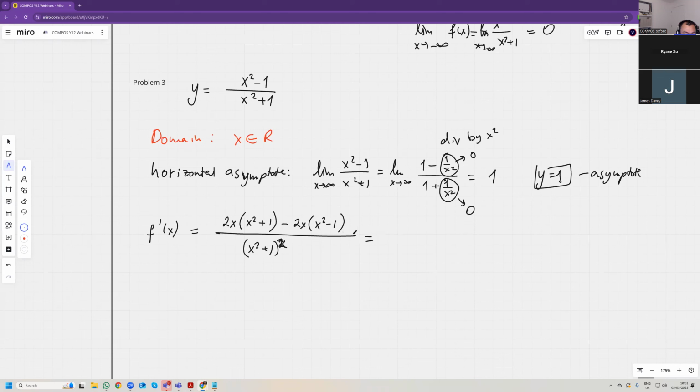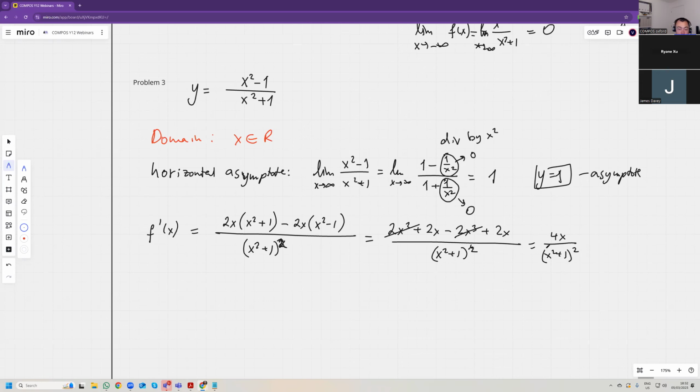And that is 2x cubed plus 2x minus 2x cubed plus 2x. And we're left with x squared plus 1 to the power 2. So that's 4x over x squared plus 1 squared.